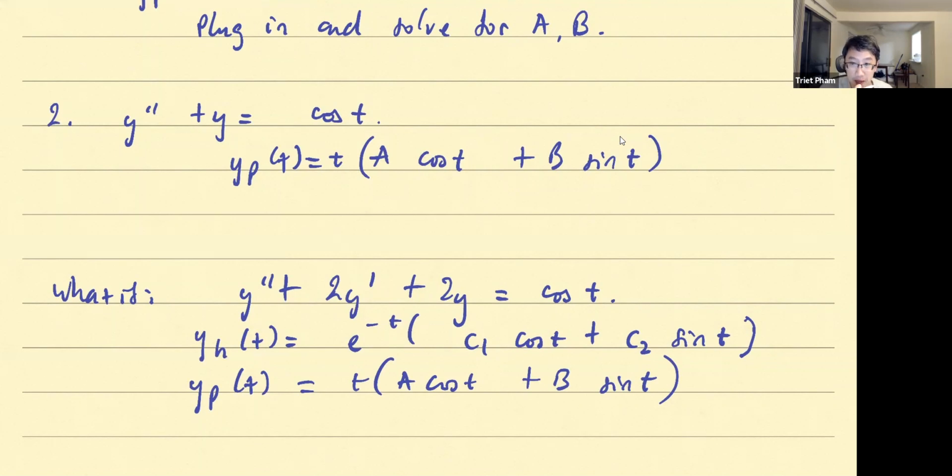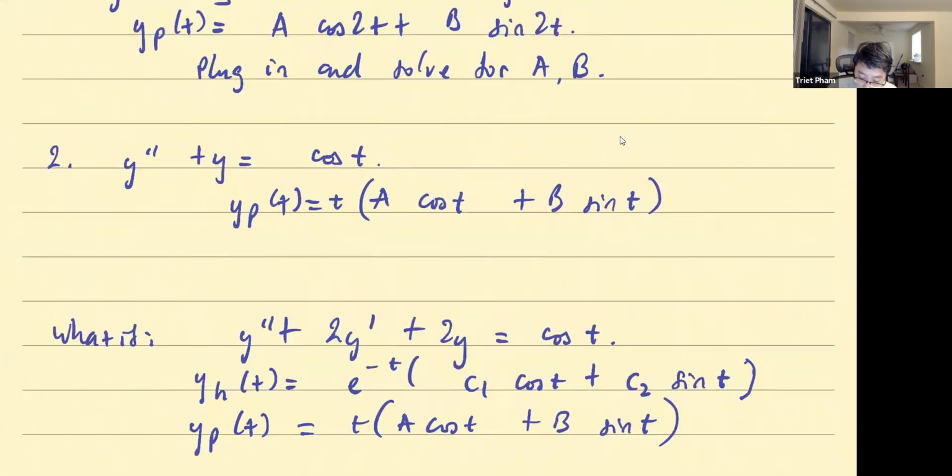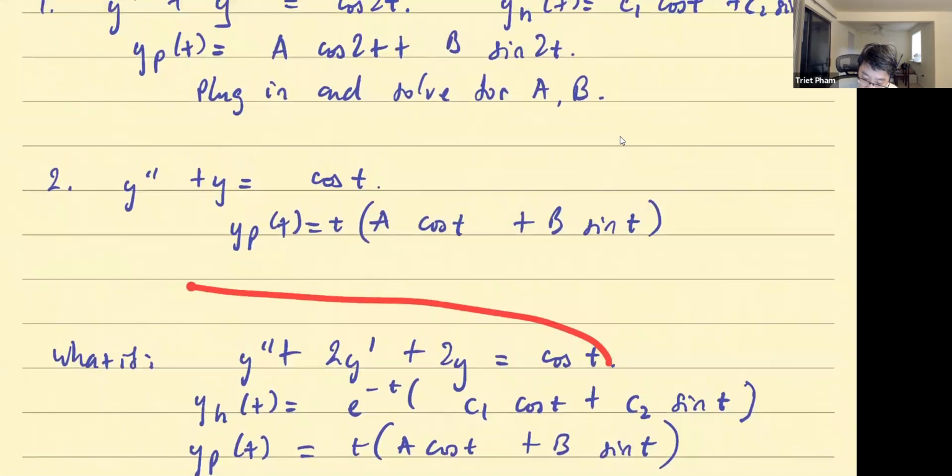Okay, so let me ask you an intuitive physical question. In terms of physics, what's the difference between these two cases in terms of the model?